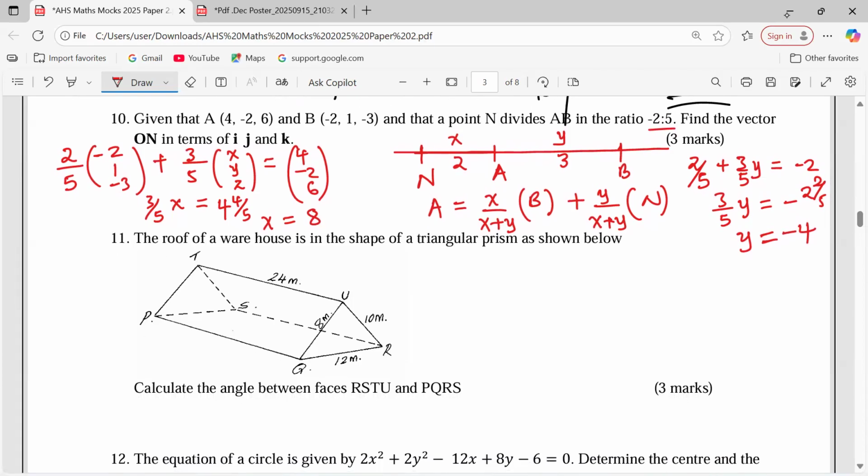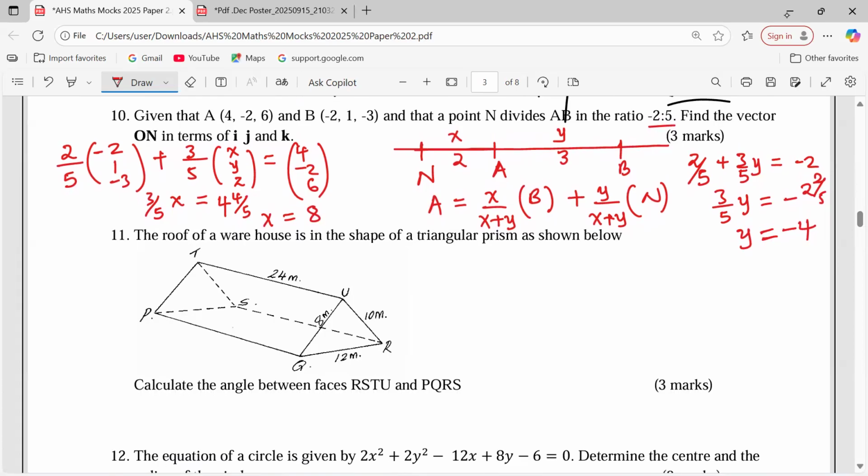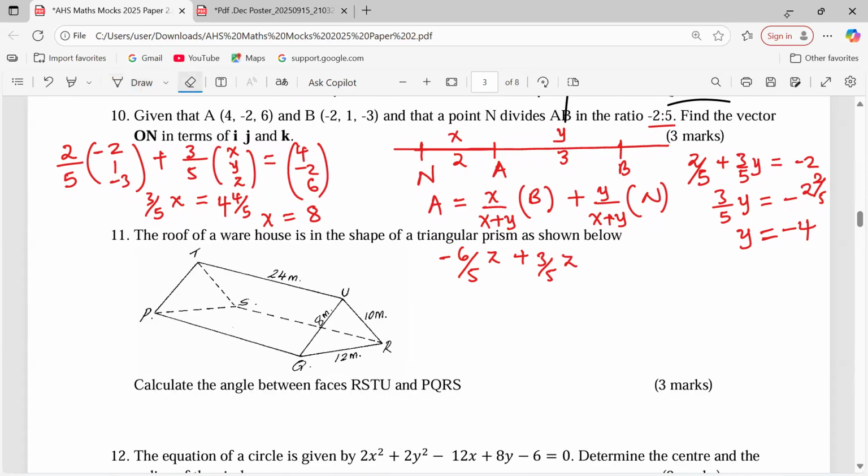Then we check another part, which is the z. The z component, whereby we shall say now 2 out of 5 multiplied by -3. That shall become -6 over 5. Z plus 3 out of 5. This is z. The first one is no z.